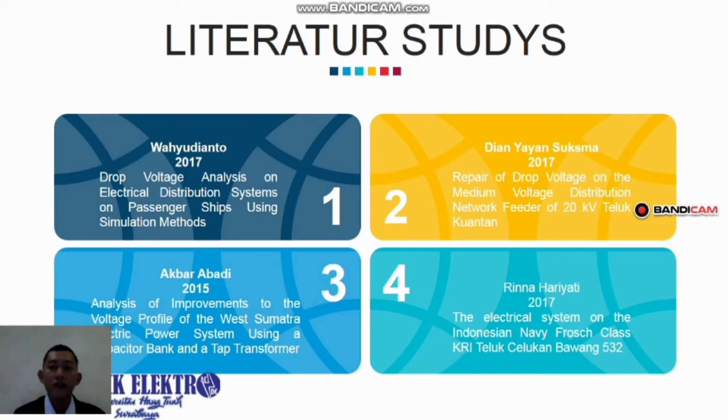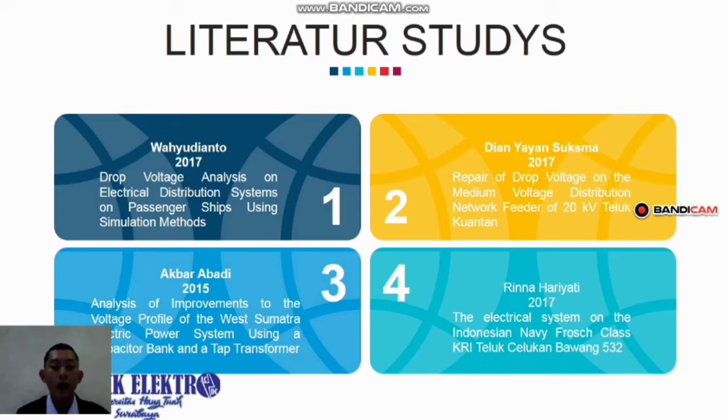The purpose of this study is to improve the drop voltage on the 20 kV Teluk Kuantan medium voltage distribution network, with a capacitor bank used for the repair. For the development of my research, it is almost the same as this research, but my research was carried out on a battleship, and for repair I used a capacitor bank and tap transformer settings.